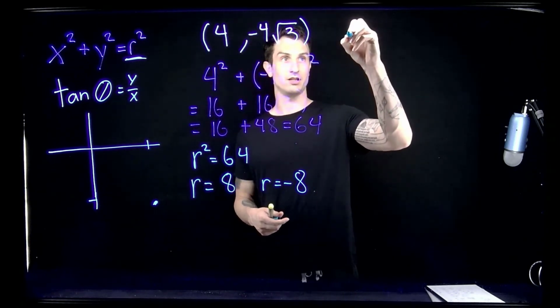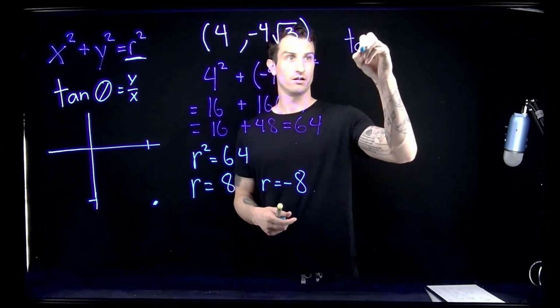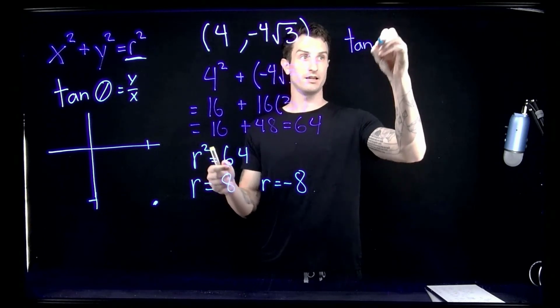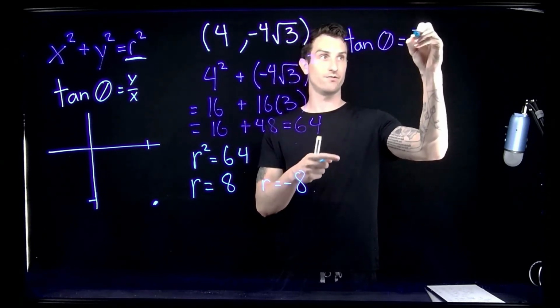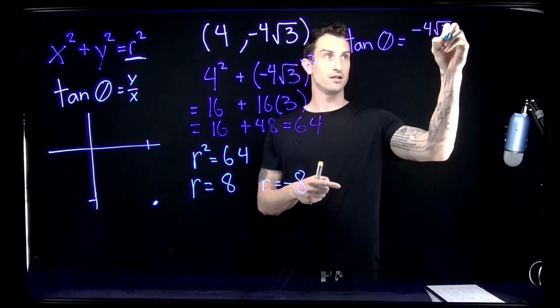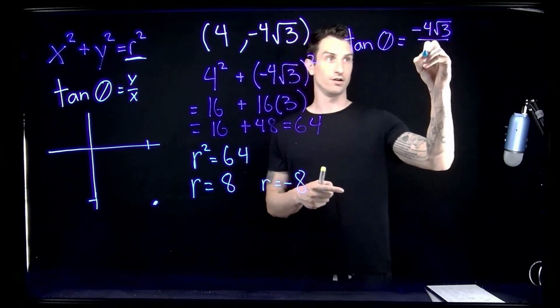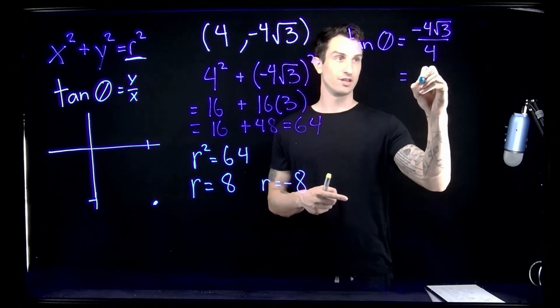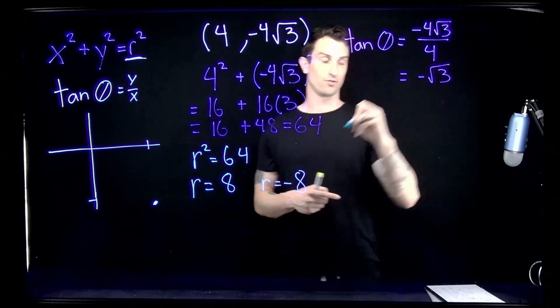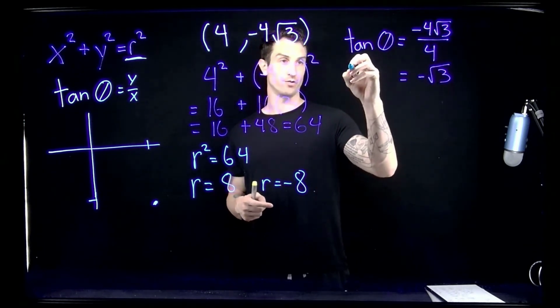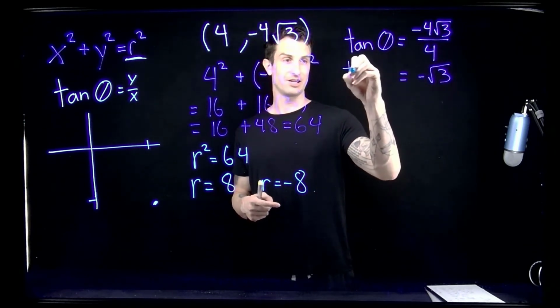So tangent of theta is equal to y, negative 4 rad 3, over x, 4. So we just end up with negative rad 3. This is tangent of theta.